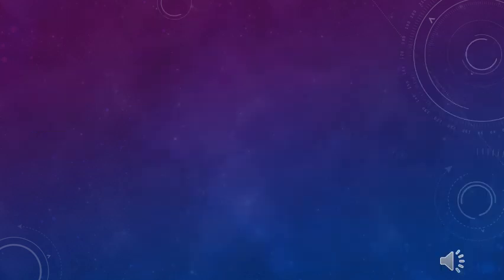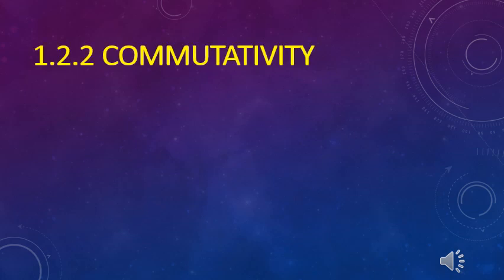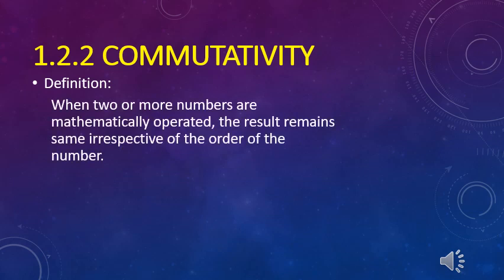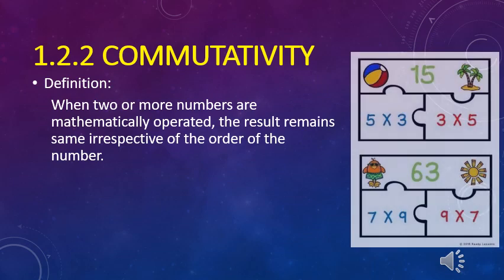Now, let us understand the next property, commutativity. Commutativity states that when two or more numbers are mathematically operated, the result remains same irrespective of the order of the number.